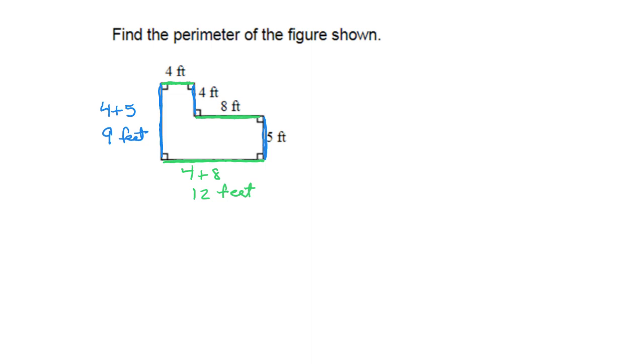And now that we have the length of all our sides, to find the perimeter, we can add all our sides together. Perimeter is equal to, and I'll start with the very top side, which is 4, and make a little walk around, plus 4, plus 8, plus 5, plus 12, plus 9.